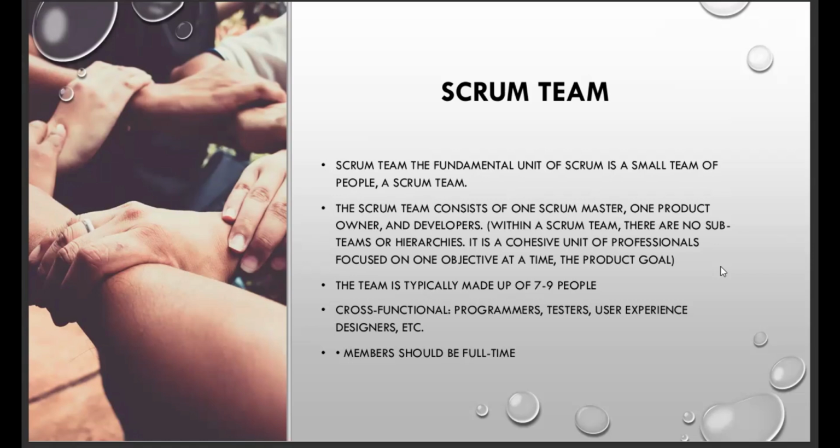But in the context of a Scrum team, there are no sub-teams; in the context of scaled Agile, there are sub-teams. Now, speaking further, the team is typically made up of 7 to 9 people.